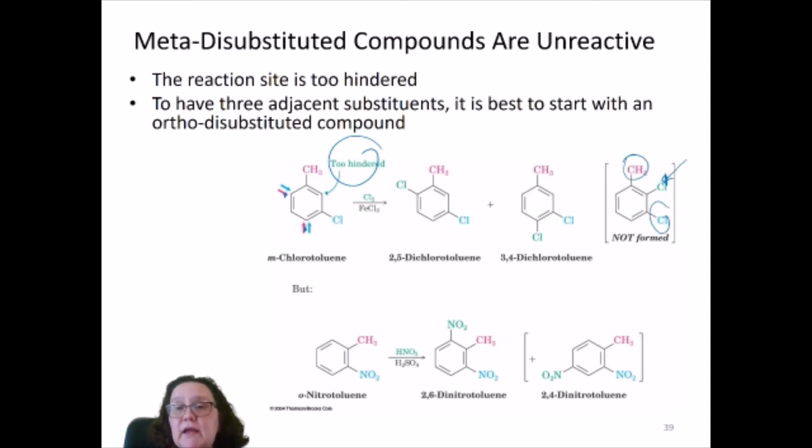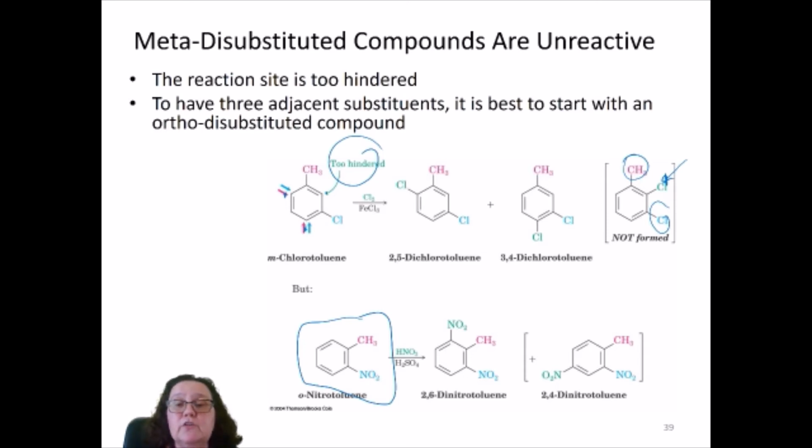So to make a tri-substituted benzene in which the three substituents are on three adjacent carbons, you cannot start with a meta compound. What you'd have to do is start with the ortho compound. So for example, in this one you have the methyl group and the nitro group adjacent to each other, and you can then form both compounds of substitution.